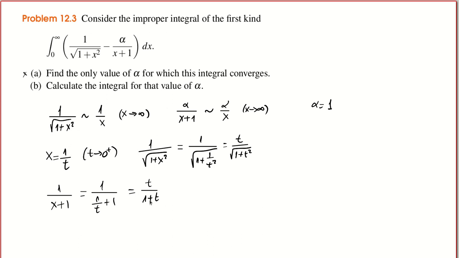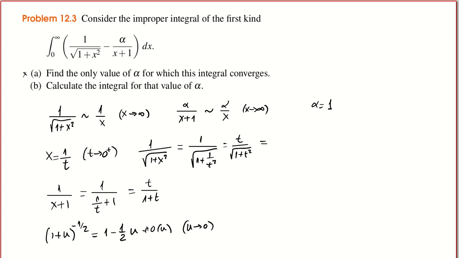All right, now we can expand this more easily. Remember, the denominator here is of the form 1 plus u to the minus 1/2. And if you remember the expansion of the binomial, when u goes to 0, it is 1 minus 1/2 times u, that is, the exponent times u, plus o(u) when u goes to 0.